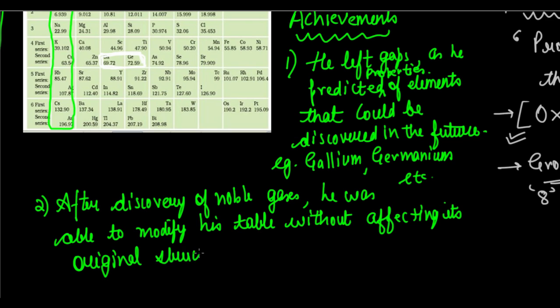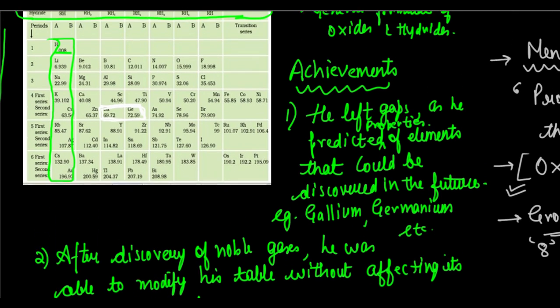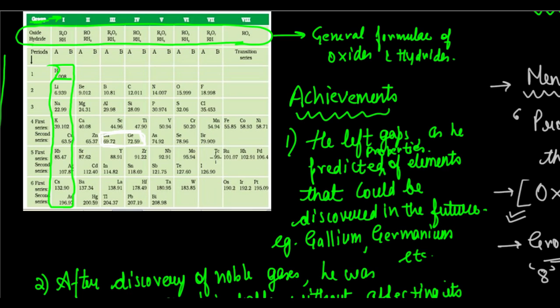So when noble gases were discovered, which were discovered after his table, he was able to put them in a separate group, which is not mentioned as such here. He was able to put them in a separate group, and that did not at all affect the main body of the periodic table. And that's just phenomenal.